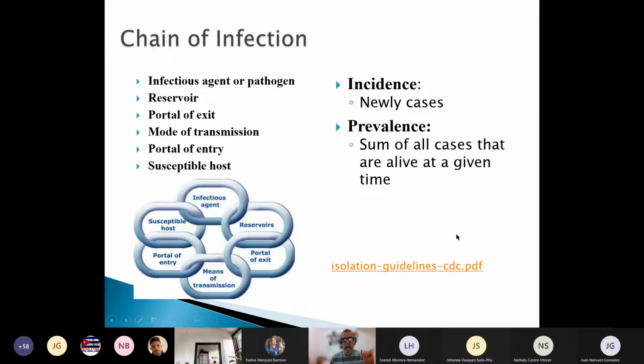I really recommend you to go to the Center for Disease Control, .gov, and find all the isolation guidelines that you can find there.